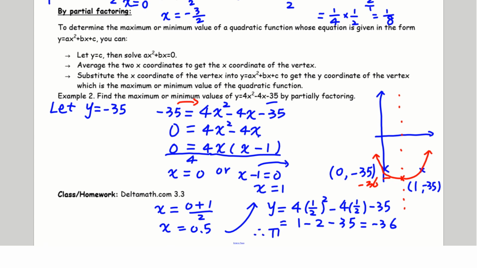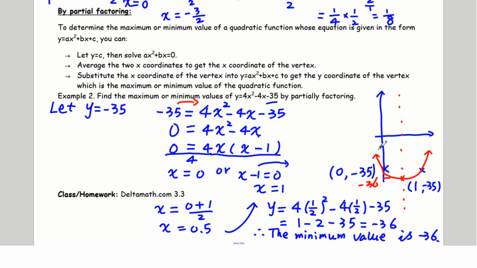Therefore, the minimum value is negative 36. So when we are talking about maximum minimum, we're talking about the y value. The y value is the highest or lowest point on the graph. The vertex is the highest or lowest point. The vertex is the lowest point, then the y value is a minimum for the whole graph.